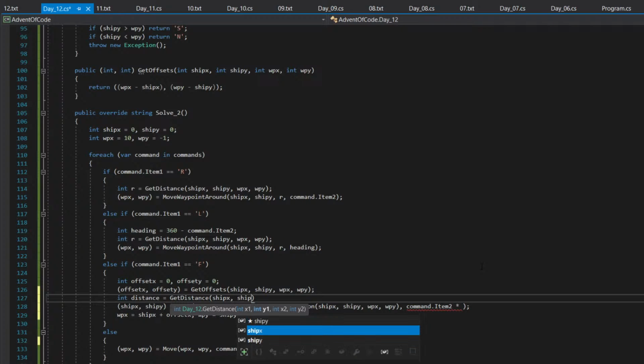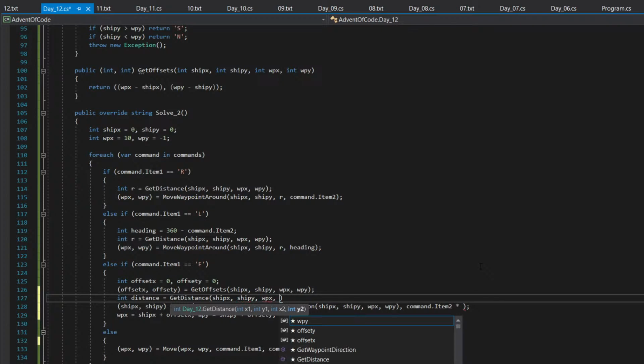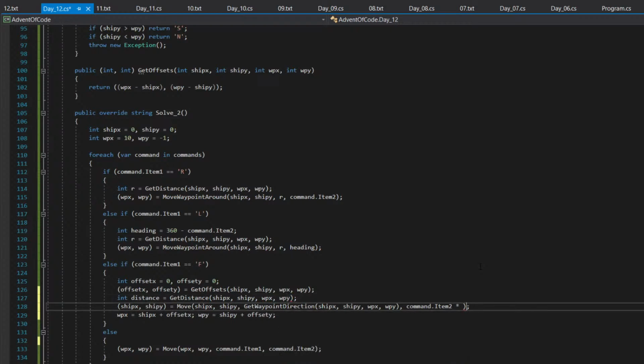We need to get the distance between the waypoint and the ship to figure out, and we're going to move that distance by the product of whatever value we get from the command. Waypoint X. I'm not sure about this.